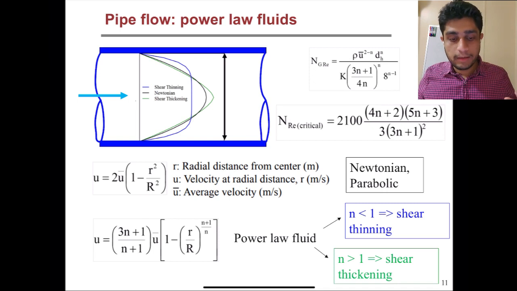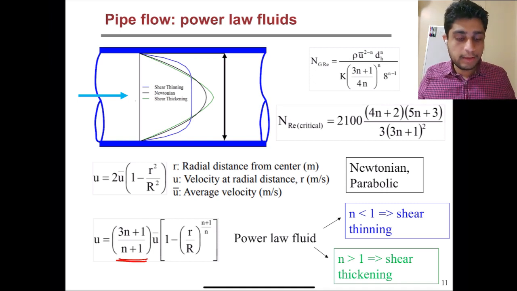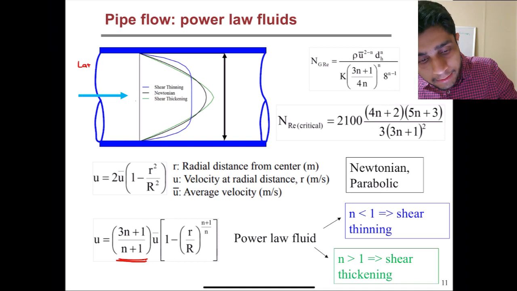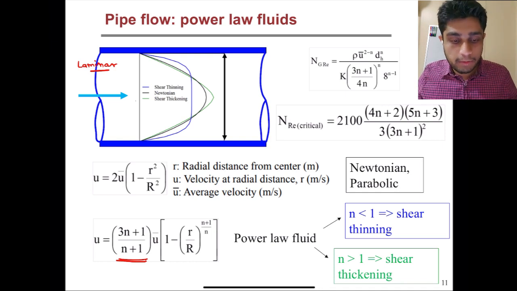So using this power law model, we can easily find the expression of the velocity profile. Let's say the flow here is laminar, then that means we can use the Navier-Stokes equations to find the velocity profile.